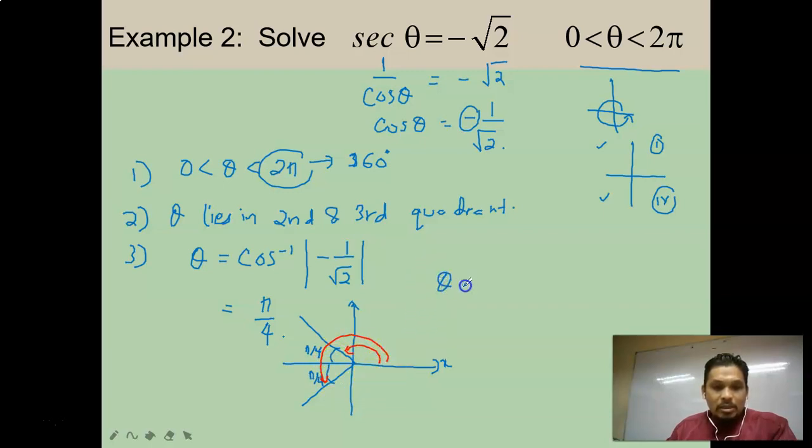So then theta equal to pi minus pi over 4, and 180 considered as pi, so 180 or pi minus pi over 4, then you get the first one here. And then pi, which is 180, plus pi over 4. So then here it now becomes 3 pi over 4, and also 5 pi over 4.